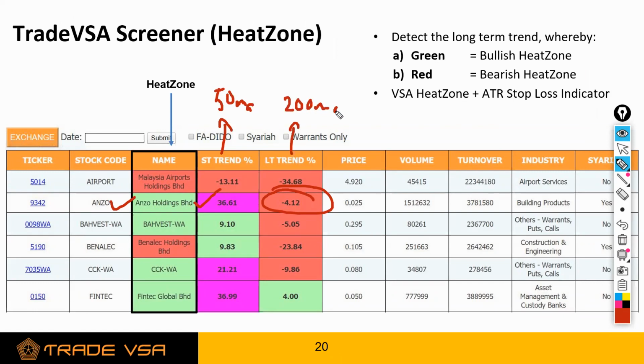So maybe this is telling me that Anzo PLC is in downtrend but they are slowly coming back. That's why the hit zone turns green, and they crossed the 50 MA but haven't crossed the 200 MA yet. So potentially they are doing something like a reversal. This is some of the information I focus on from the screener.